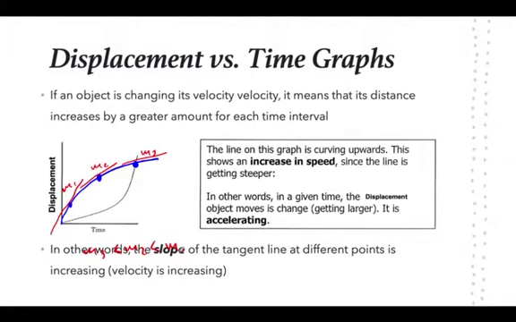Now, let's look at all this information in a single graph, okay? So what have we learned so far? We learned that it's very important to label the axes correctly, okay?